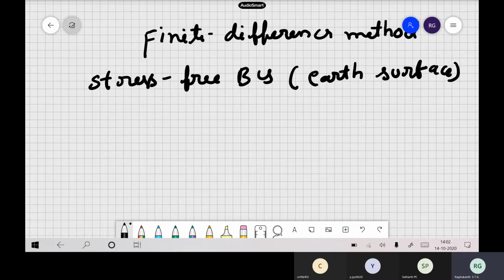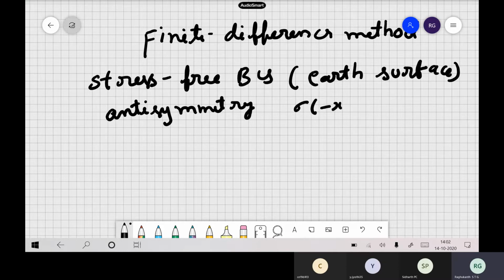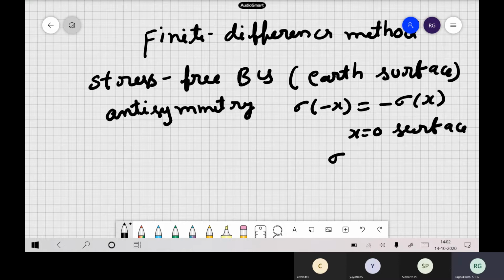In our finite difference method, we use this anti-symmetry concept. So sigma at the surface should be zero. We write it as minus x, where x equal to 0 is your surface. So at the surface, sigma of minus x minus these things will be 0.